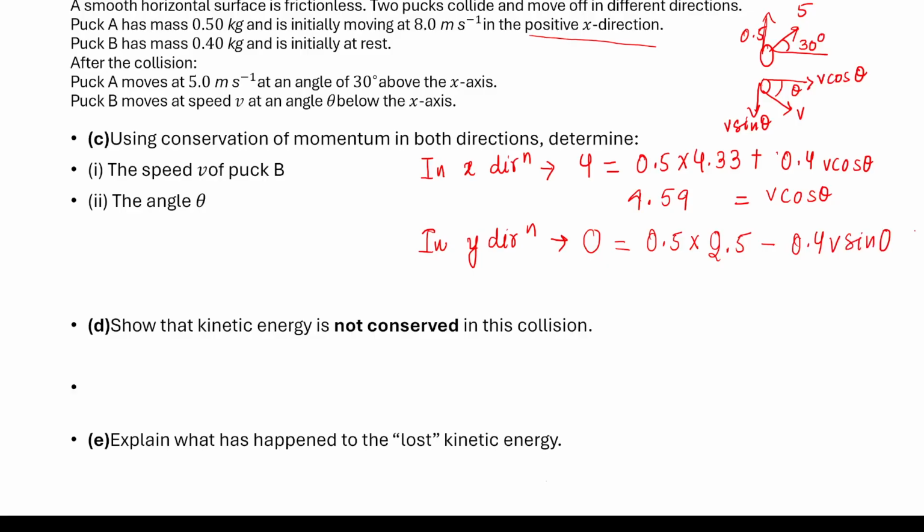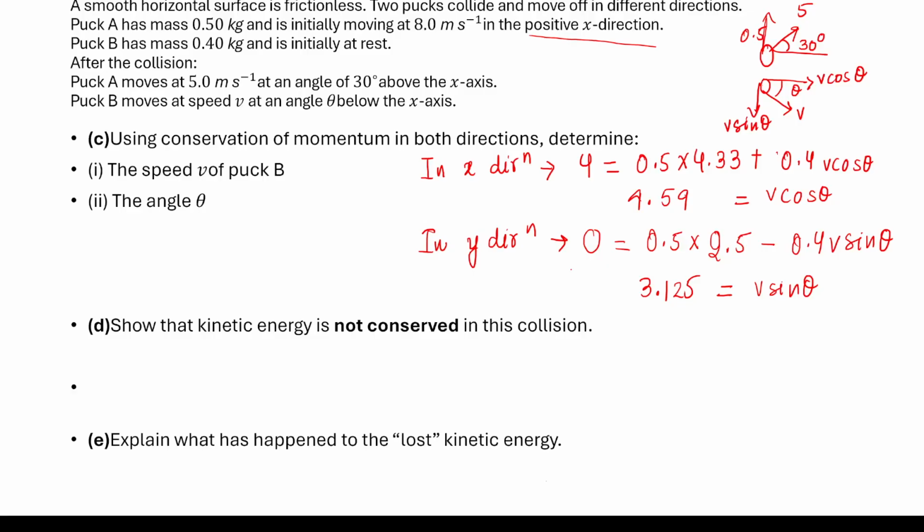So 0.5 times 2.5, divided by 0.4, is 3.125. So I'm getting v sin theta as 3.125.